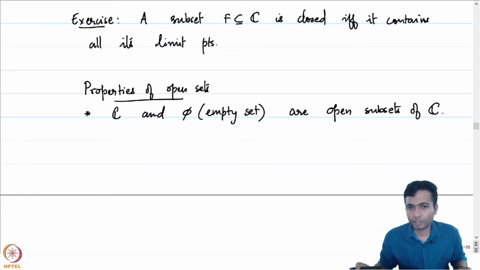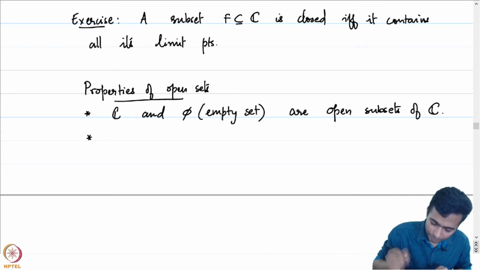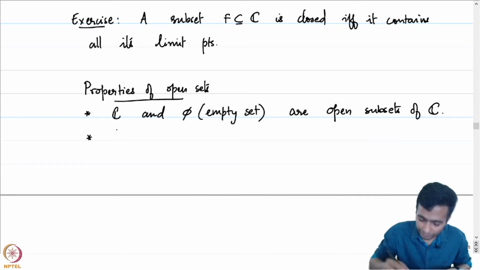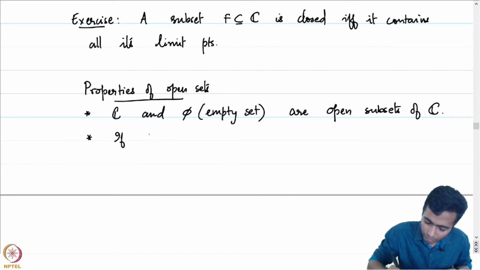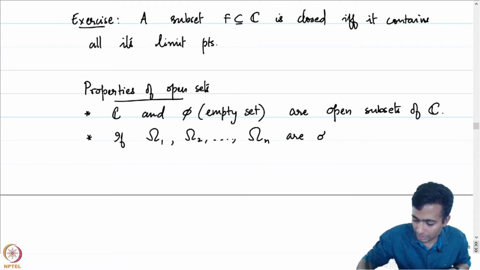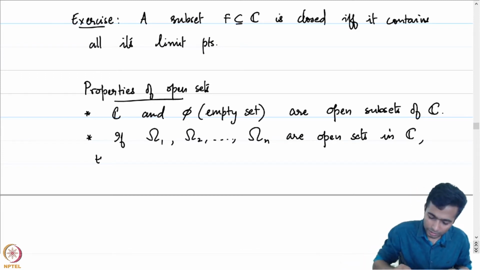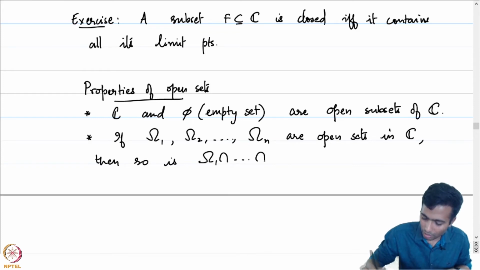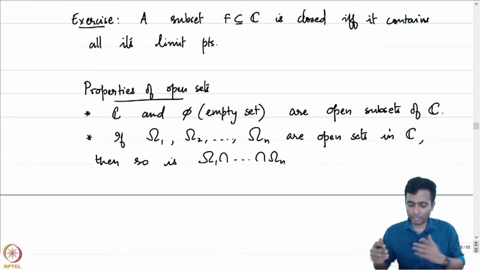Any finite intersection of open sets is again an open set. These are things which can be verified. The first condition is very easily verified. If omega 1, omega 2, up to omega n, finitely many of them, are open sets in C, then so is the intersection of omega 1 up to omega n.